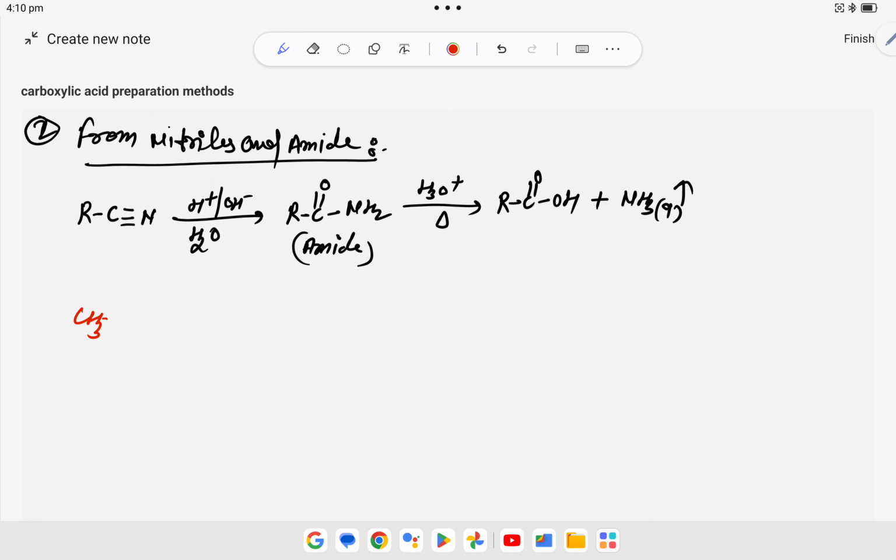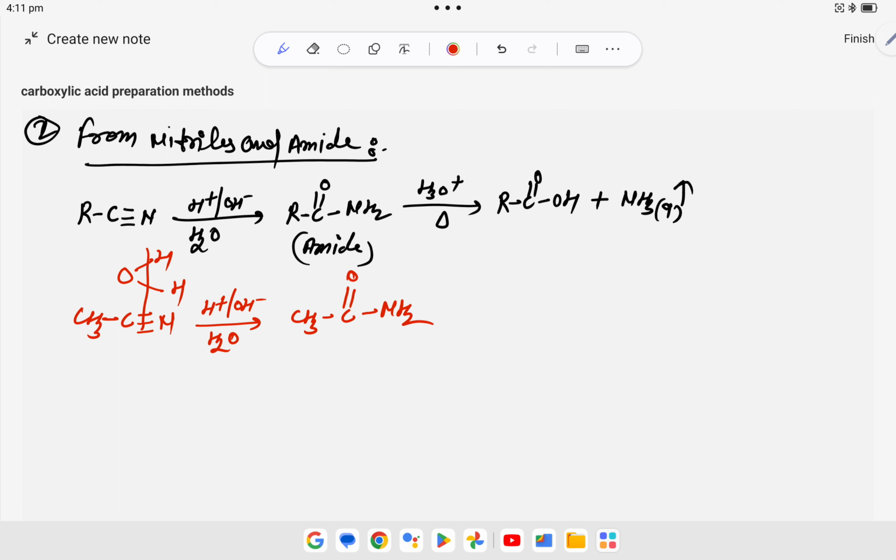CH3 C triple bond N in acidic or basic medium. Hydrolysis you have to do. Then what happened? Water unit, you have to break two bonds and it is converted into CH3 C double bond O and NH2.